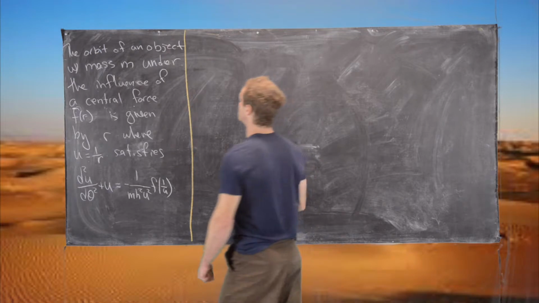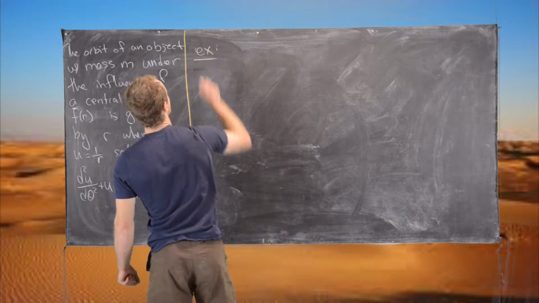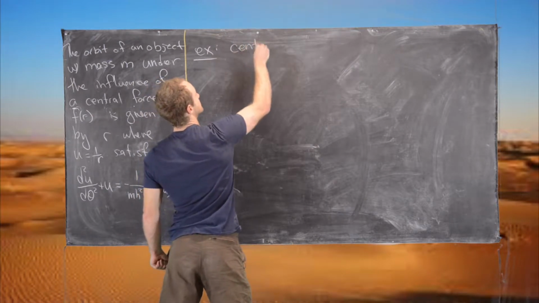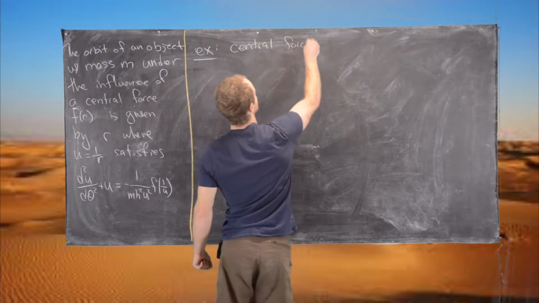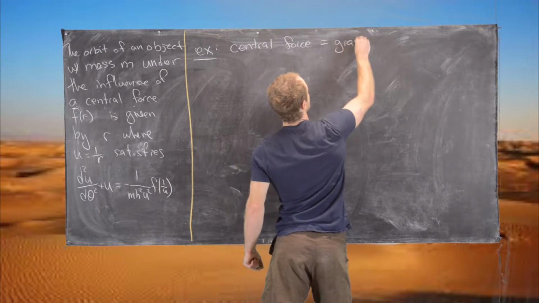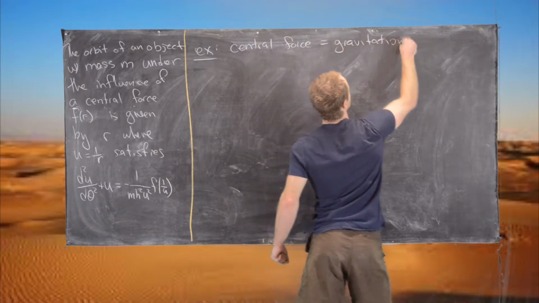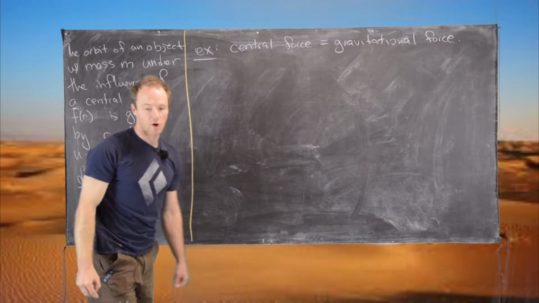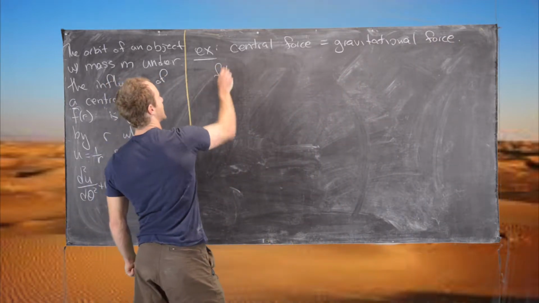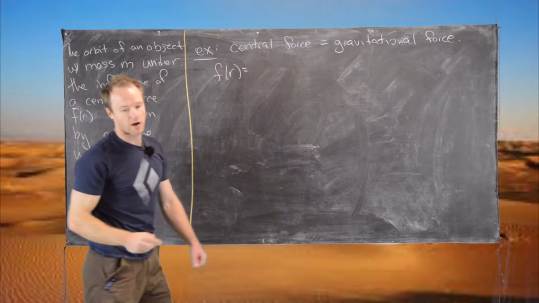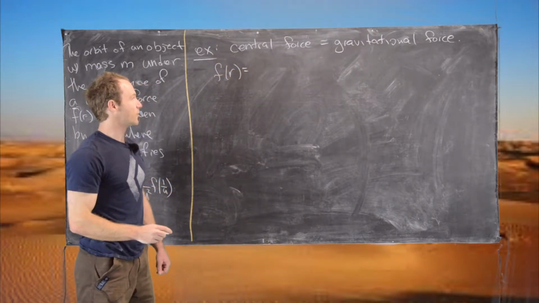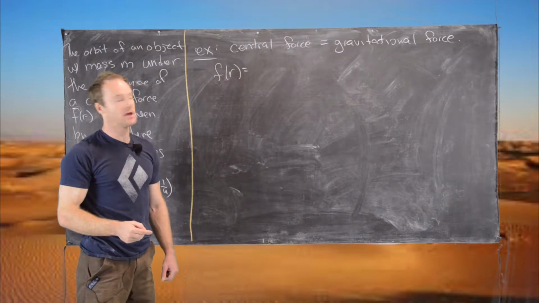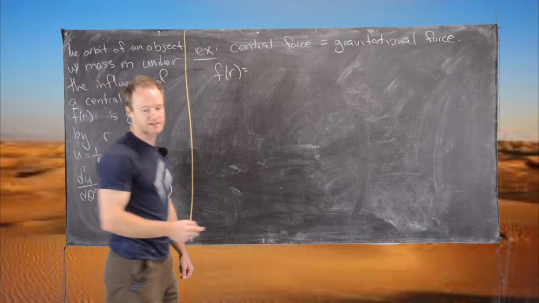Great, so we want to look at an example today where the central force is the gravitational force. It's well known that Newton's law of gravity tells you that the force exerted by an object with mass capital M on an object with mass little m is given by the following.